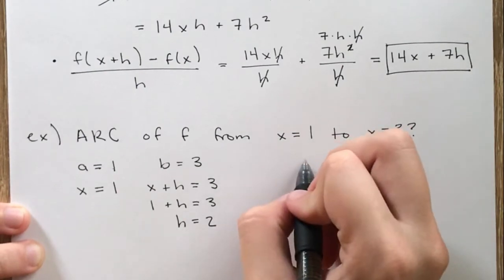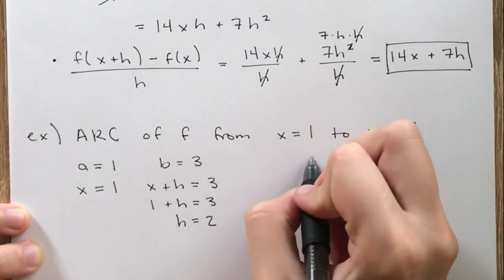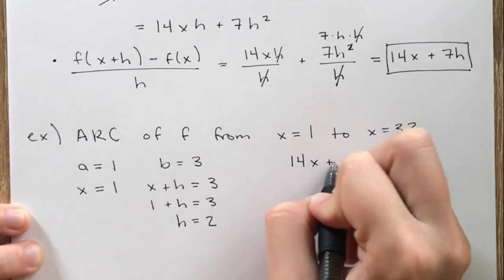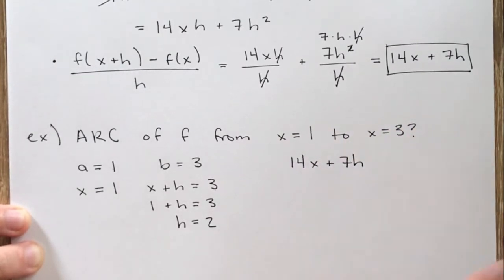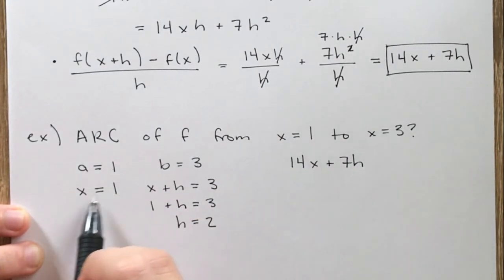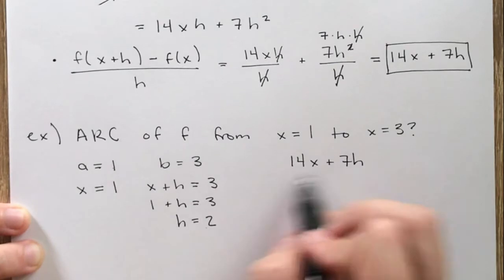So our difference quotient tells us that the average rate of change from a to b can be found by plugging in 1 for x and 2 for h into this equation.